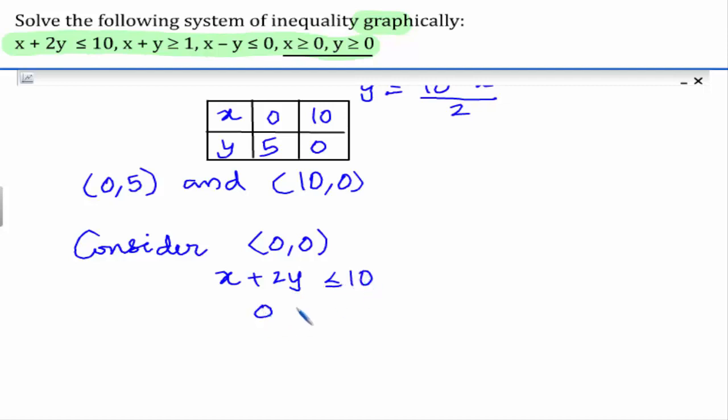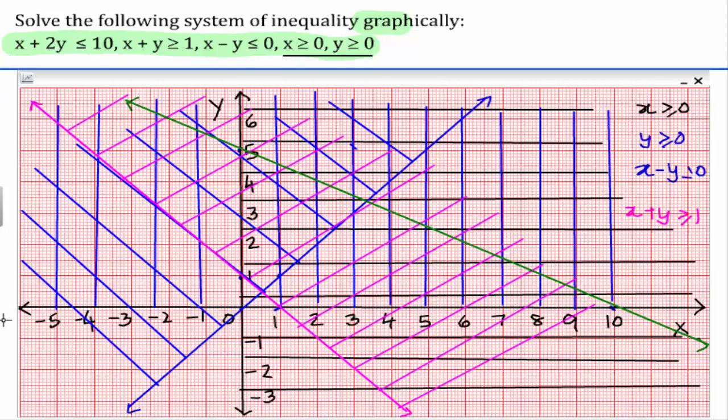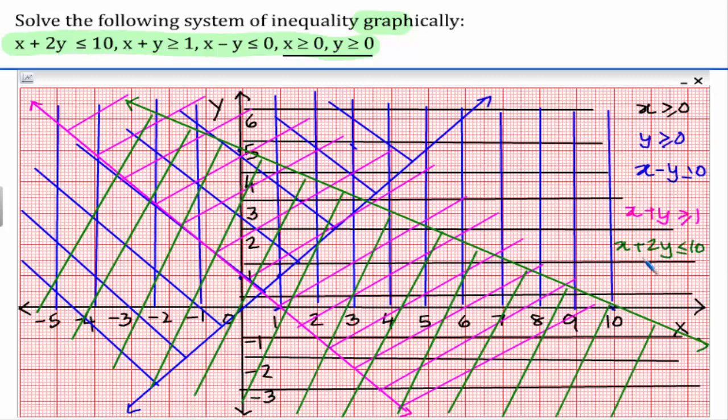We get 0 less than or equal to 10, which is a true statement. So therefore the origin lies in the region. So we have to draw the lines towards the origin this way. So the green lines represent the solution of the inequality x plus 2y less than or equal to 10.